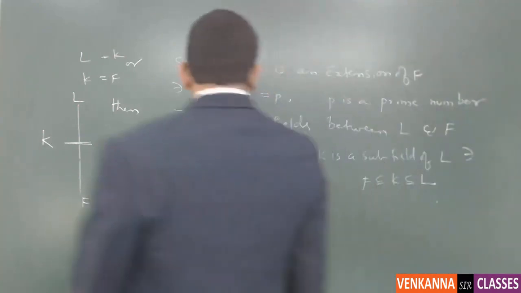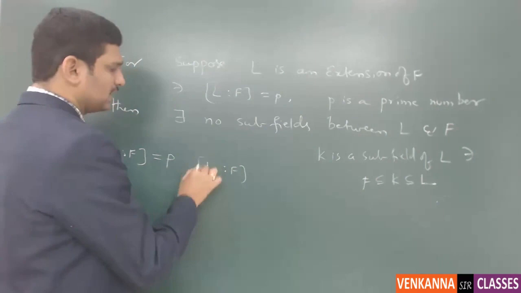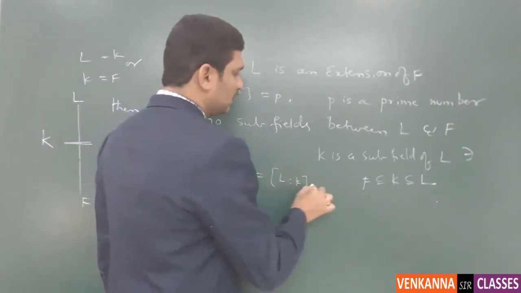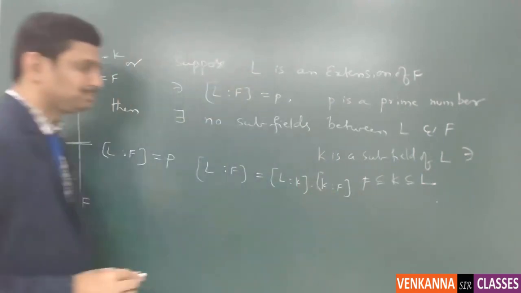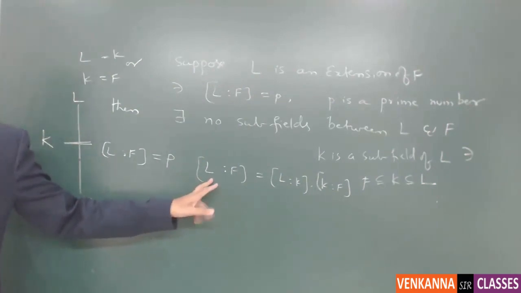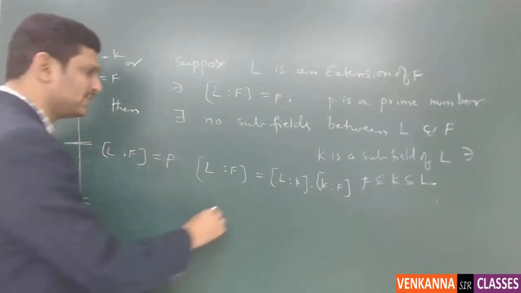So, immediately we can say that [L:F] is equal to [L:K] times [K:F]. Since the value is finite on the left hand side, the right side value is also finite. And in the problem it is given that this is P.